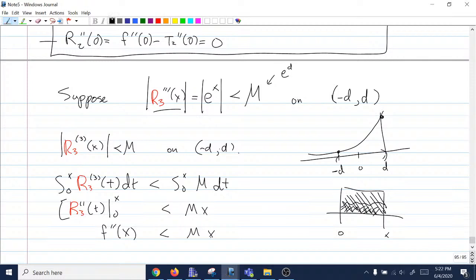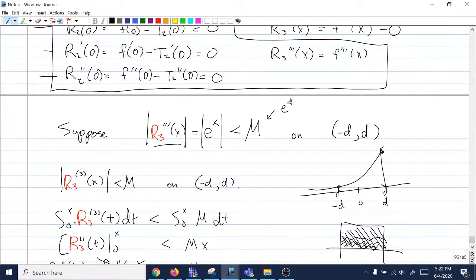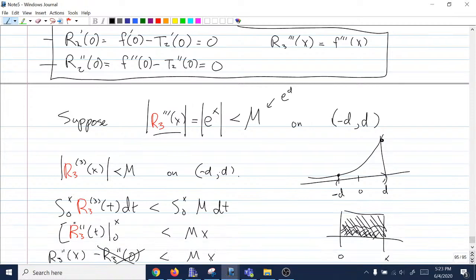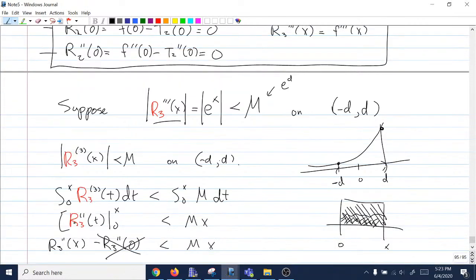The third derivative is the same for r3 and f, but I'm now talking about r3. The reason I want to be talking about r3 is I get r3 double prime of x minus r3 double prime of 0, and that thing goes away. The thing we observed is that it's not r3, it's r2. I'm so bad at this. Taylor's inequality is always the worst thing I lecture every year.